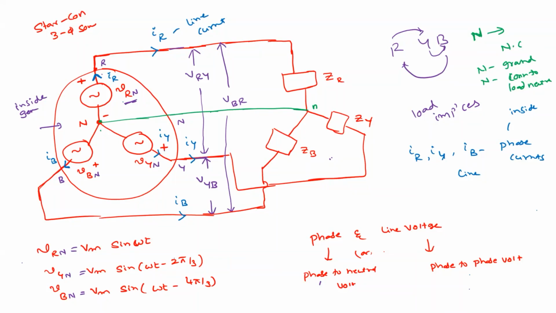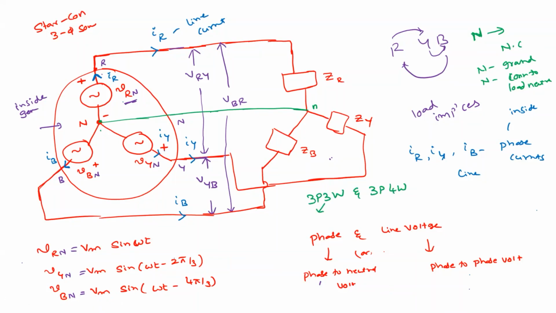Based on that, we have a three-phase, three-wire system and a three-phase, four-wire system. Three-phase, three-wire means there is no neutral connection. The neutral is not used at all; neither is it grounded nor connected to the load neutral.